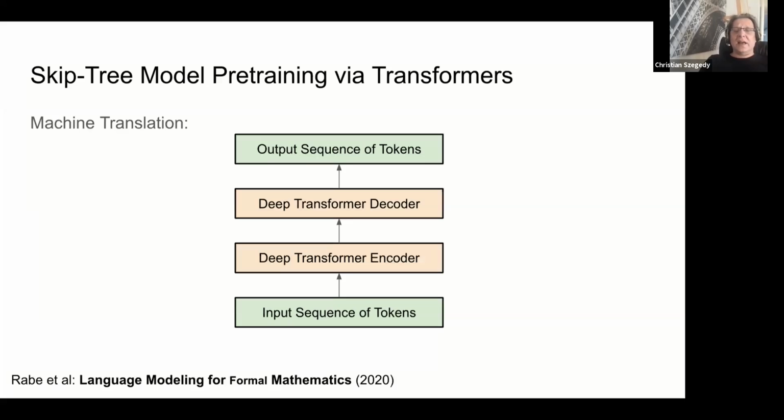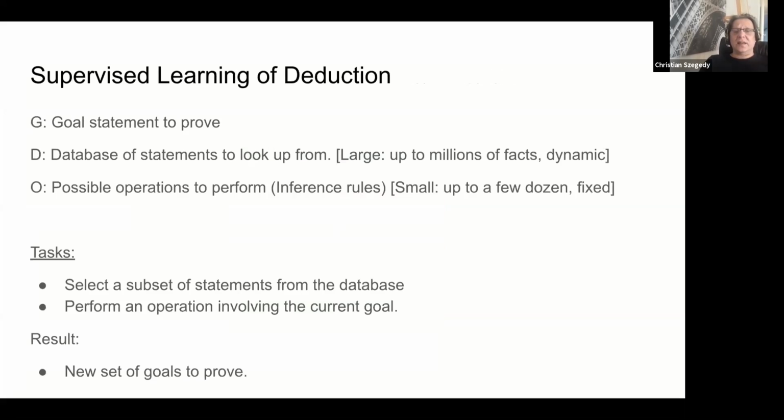Interestingly enough, when you do this, there is another important task that I will come back to. The supervised task that we are most interested in for mathematical reasoning is the supervised learning of how to do deduction. And what is deduction? Deduction typically starts with a goal statement you want to prove.